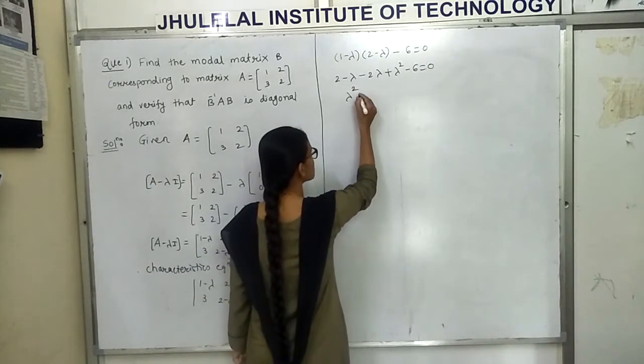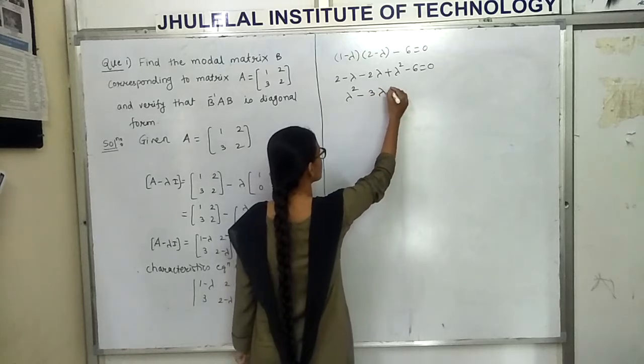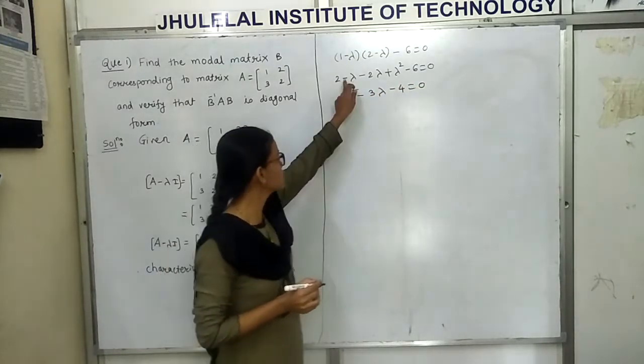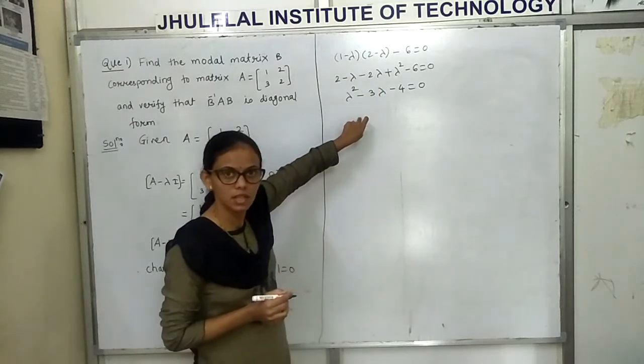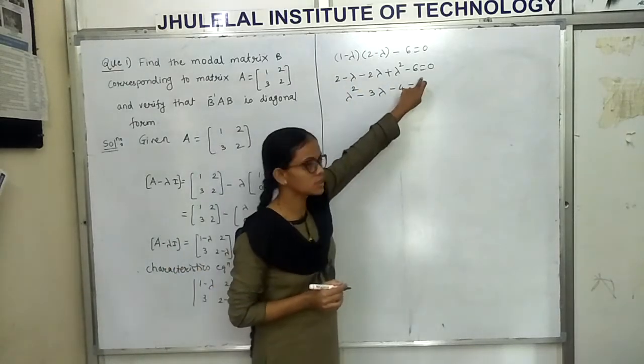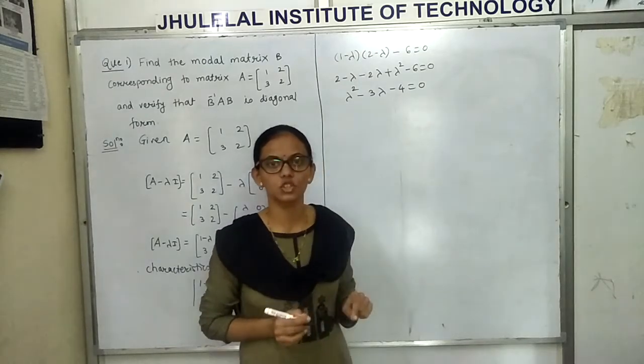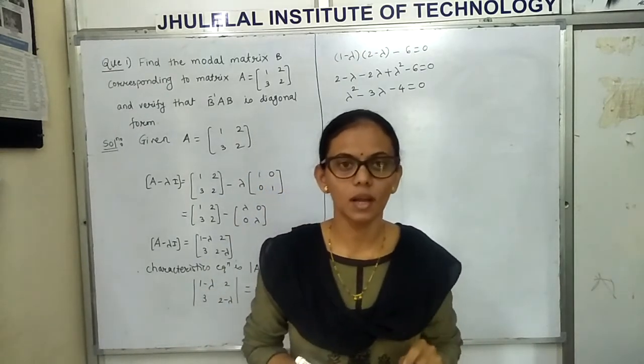Now you can see here it is a quadratic equation: lambda square, minus lambda minus 2 lambda will be minus 3 lambda, plus 2 minus 6 will be minus 4.